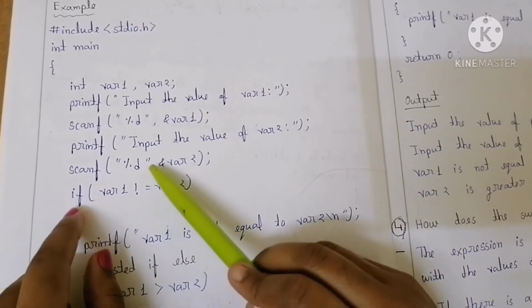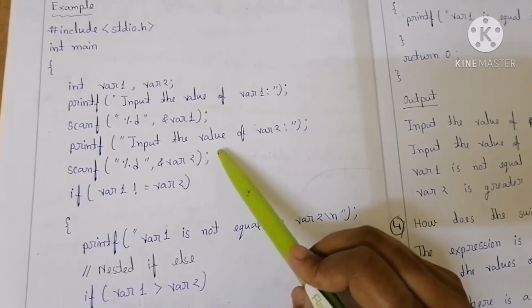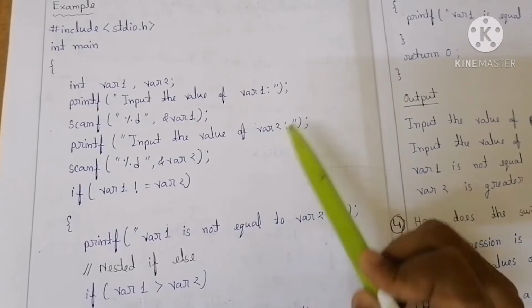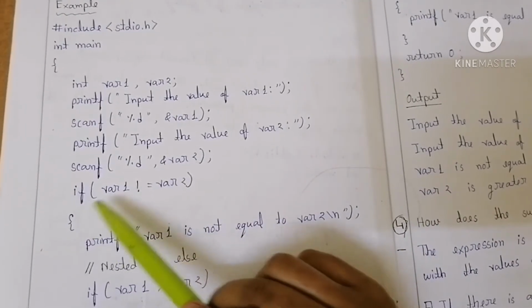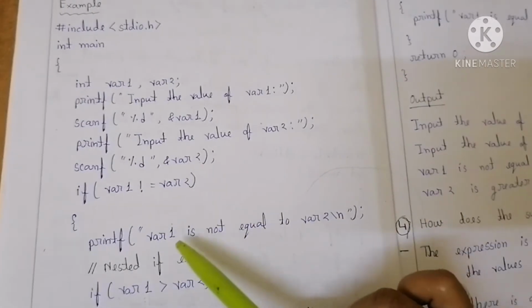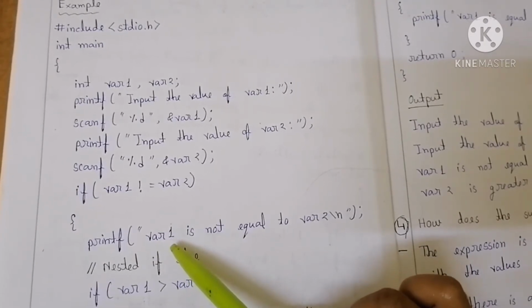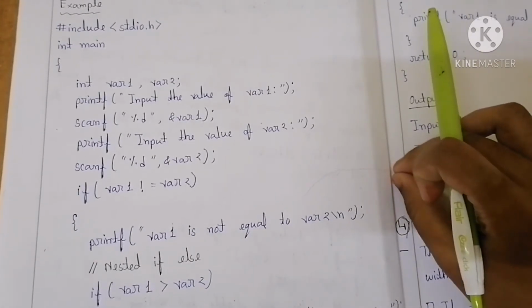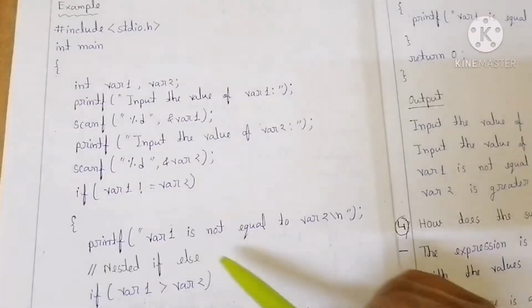Then we have to enter the value of variable 2. Now here is the expression: if variable 1 is not equal to variable 2, then it will give an output as variable 1 is not equal to variable 2.